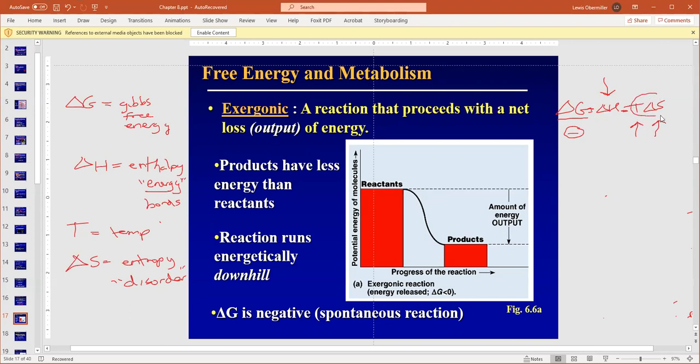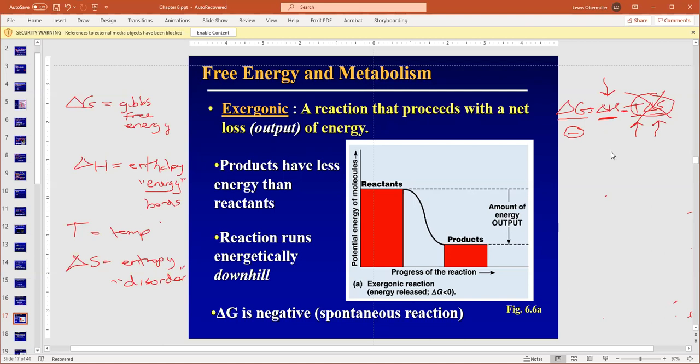These are connected, because if we increase temperature, we have to increase disorder because of the kinetic energy of the molecules. In biological systems, we can't really use this because we can't change temperature, and we can't increase disorder in living systems because that will cause them to die.